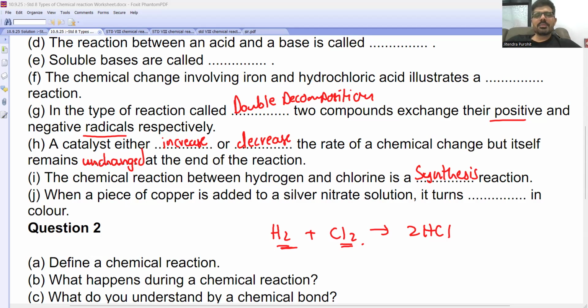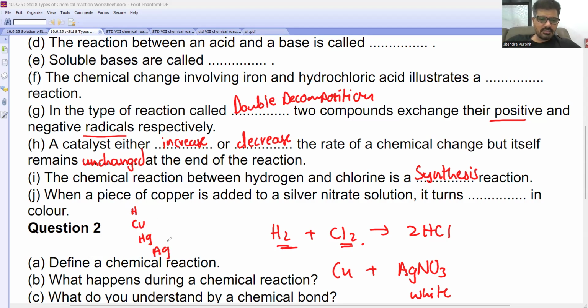When a piece of copper is added to silver nitrate, it turns blue in color. What are we adding, beta? Copper, to silver nitrate. Silver nitrate is white in color. Will copper displace silver?